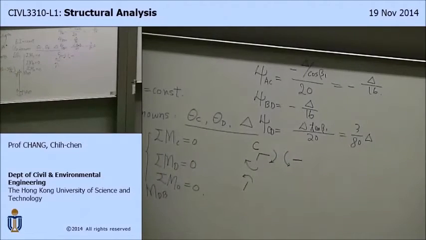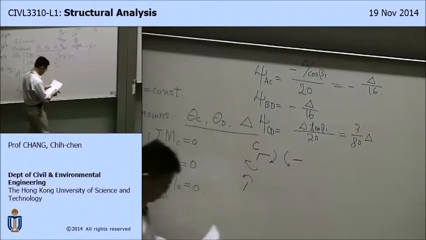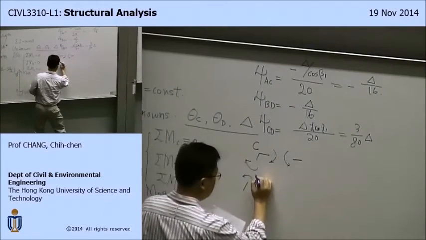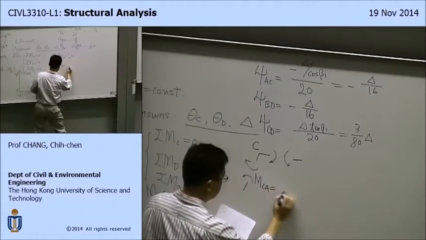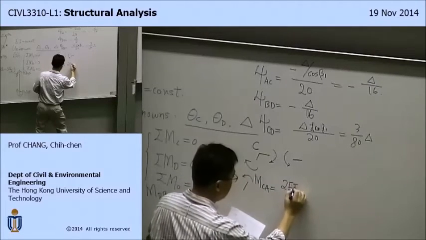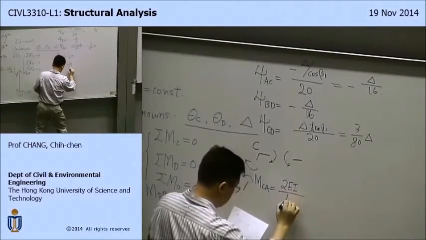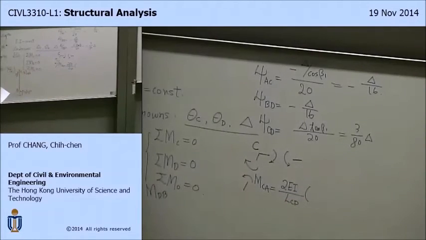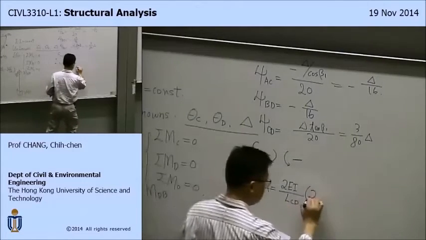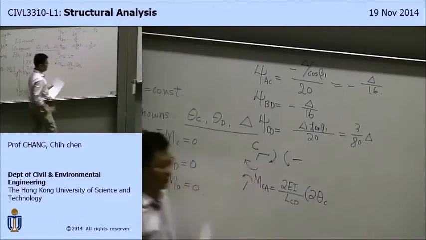So the joint looks like that. So here, this is MCA. It's going to be 2EI over LCD, 2 times theta C, 1 times theta A.